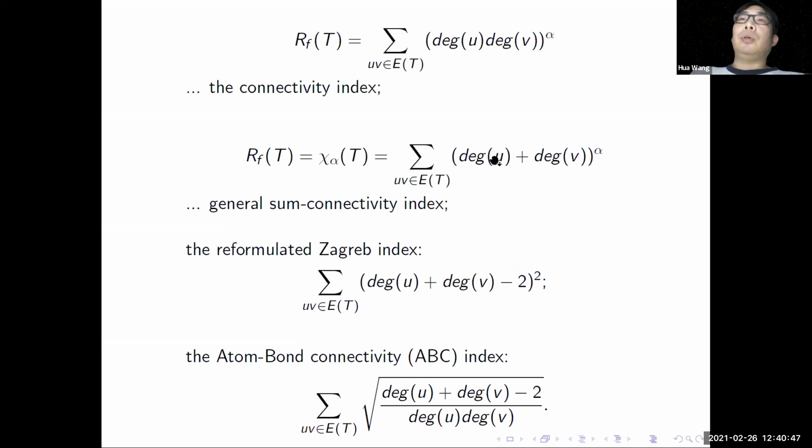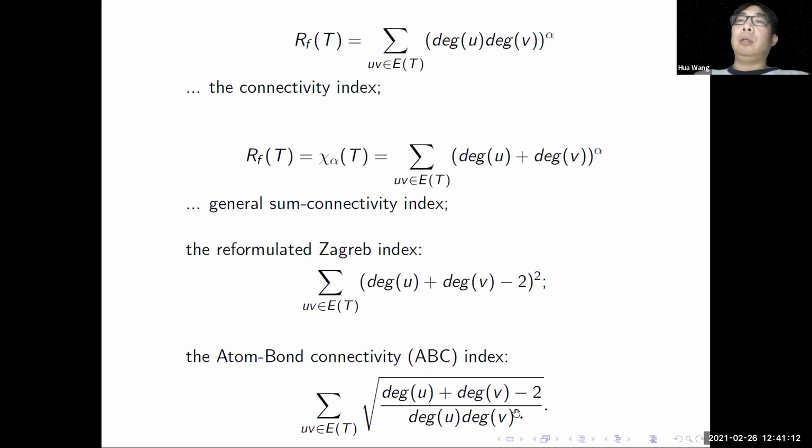And this applies to things like this. For example, if you take the power of the product of adjacent degrees and take the sum, or a power of the sum of adjacent degrees, or something slightly different, or even this.